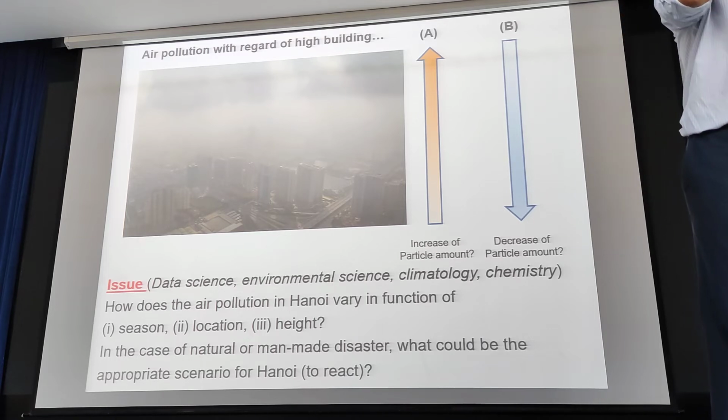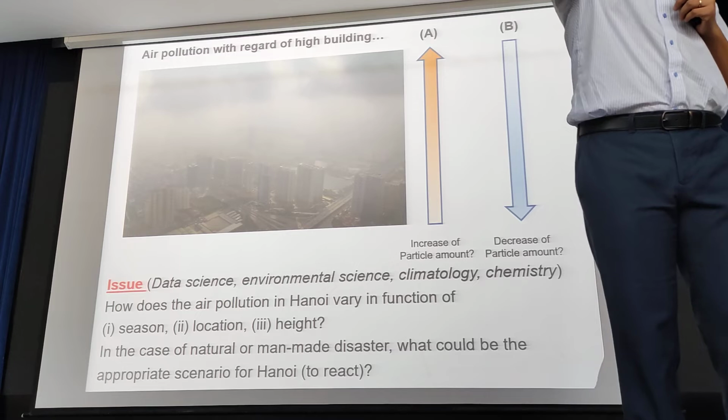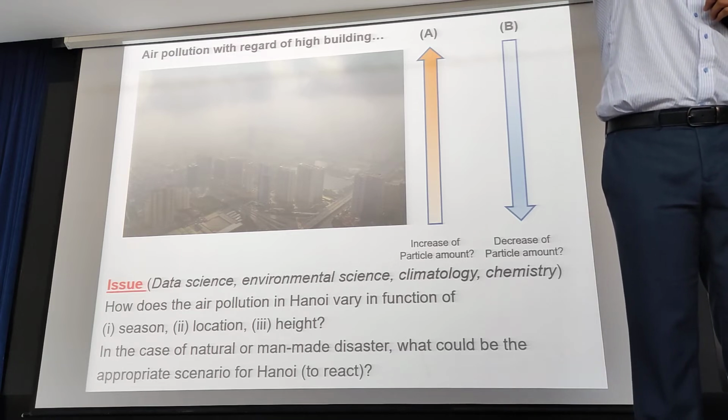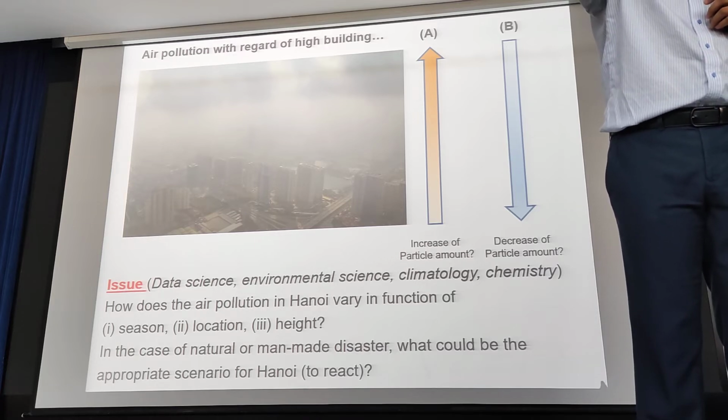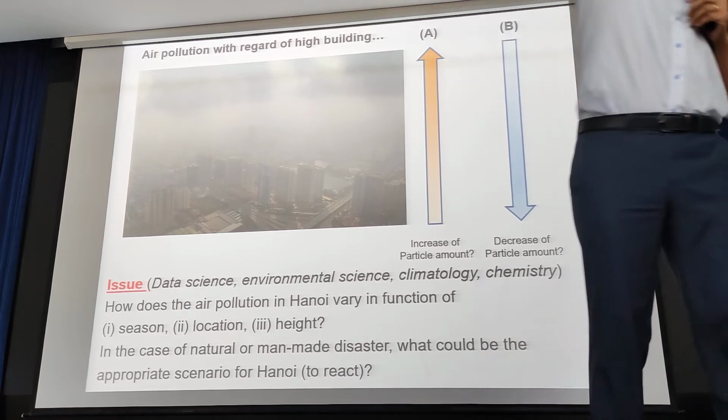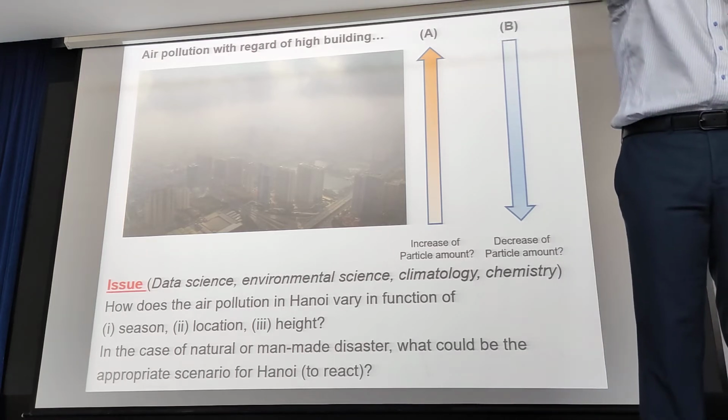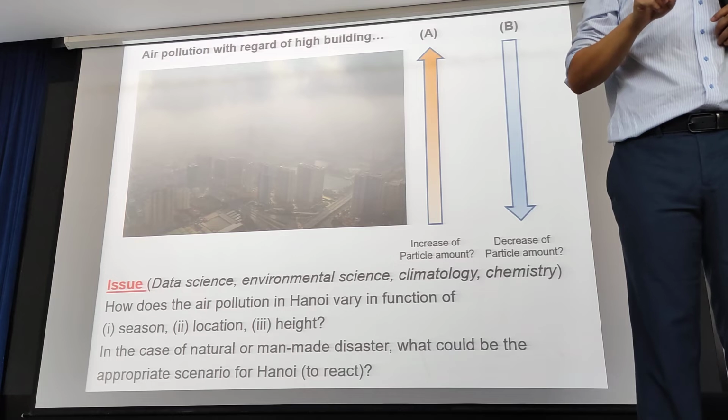And, ladies and gentlemen, another thing. Not far from here, to the northern border of Vietnam with China, what could be the distance? 300, 400 kilometers, right? And on that side, they have a nuclear power plant.